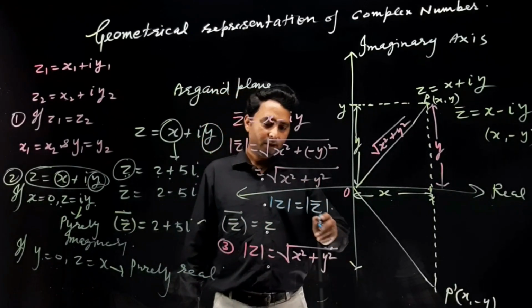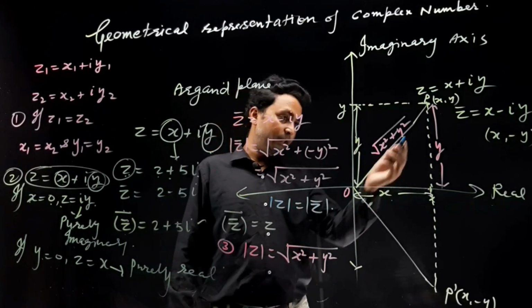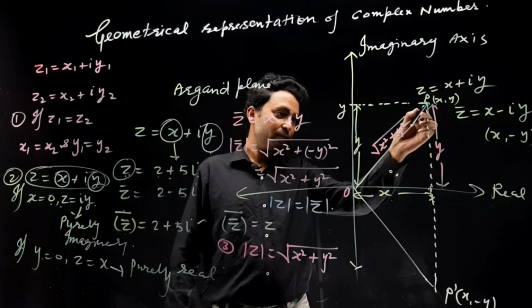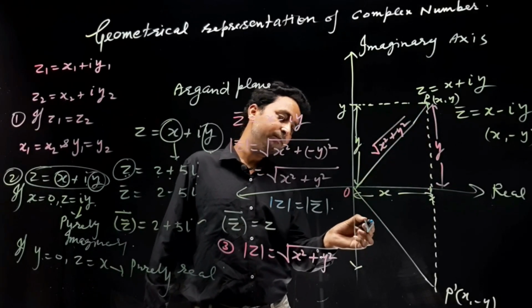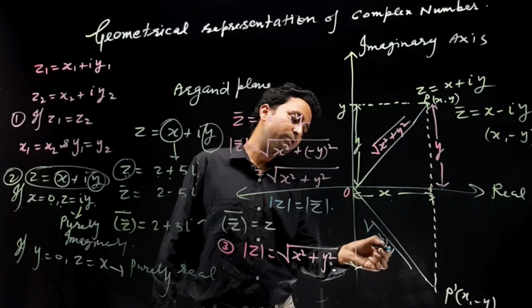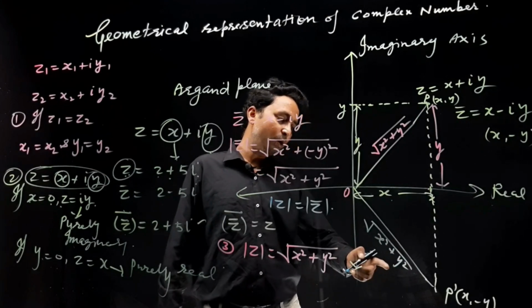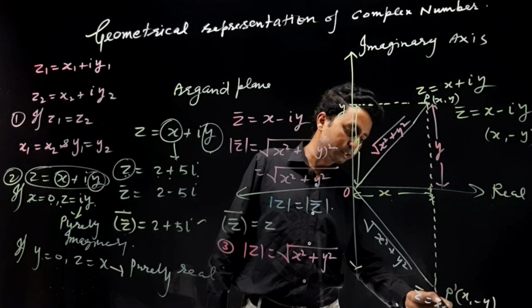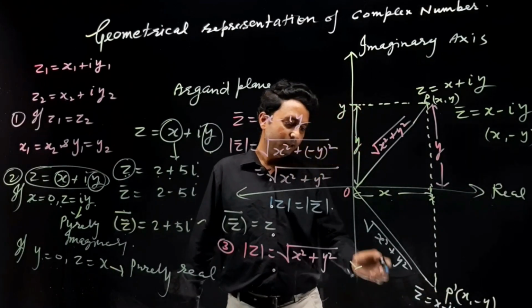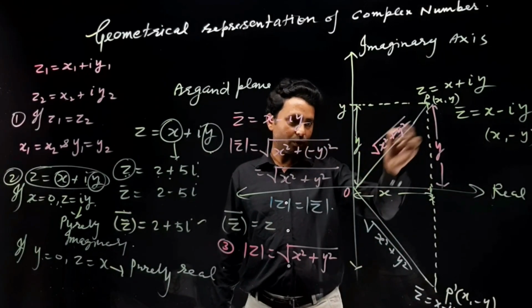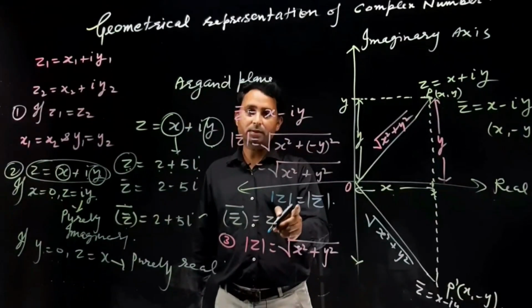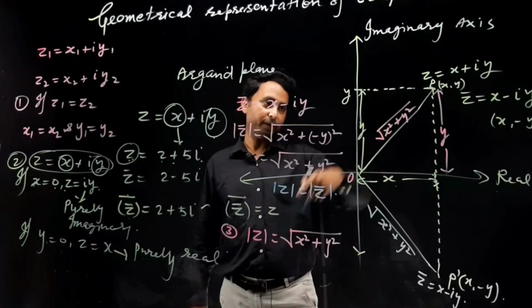We can understand this by the figure, by this Argand plane. This length will be equal to this length, root of x square plus y square. This is the modulus of z bar, that is x minus iota y. This length will be equal to this length.